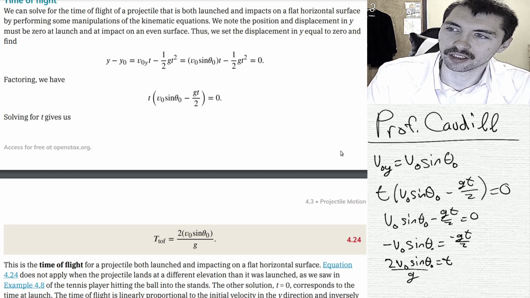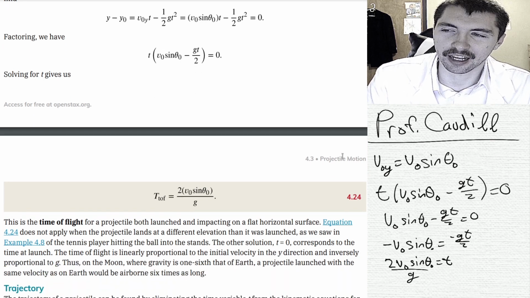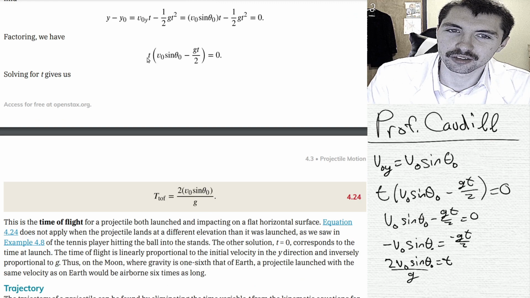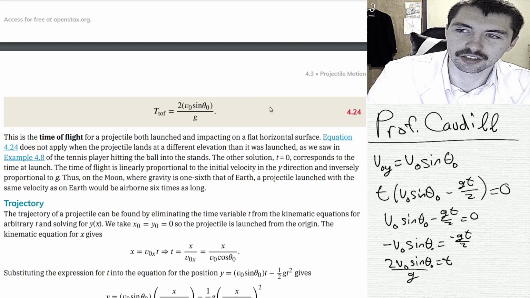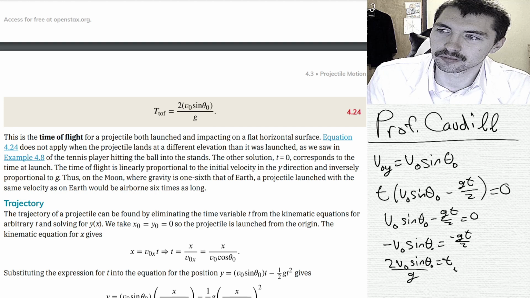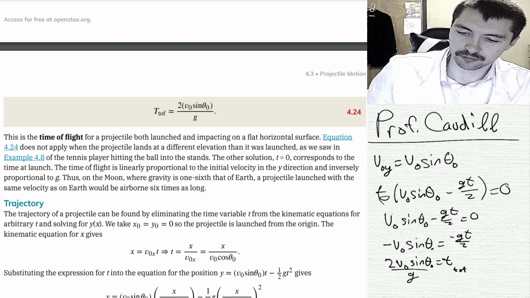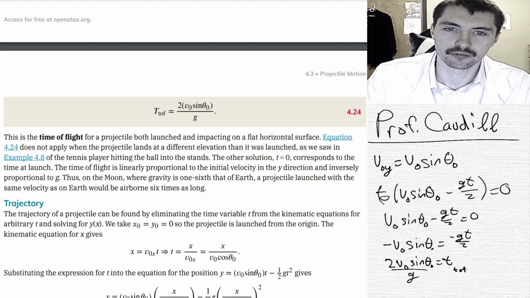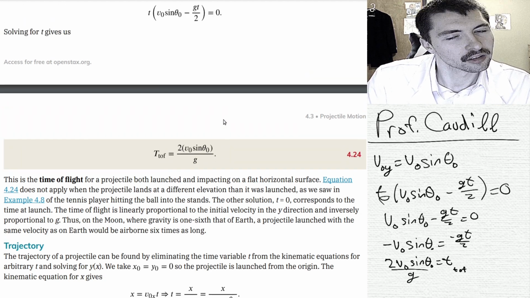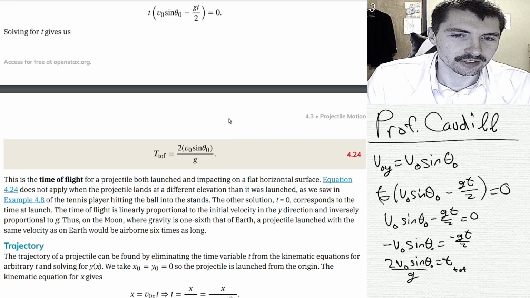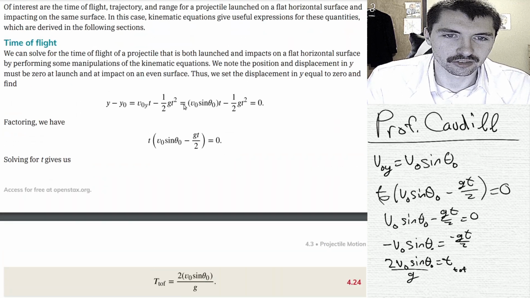I guess I lied. I can do it. I was kind of suspect, kind of fishy, just getting rid of the t so easily. So time of flight is this time. We should probably add that. Well, we don't really need to add this, because what equation is this?